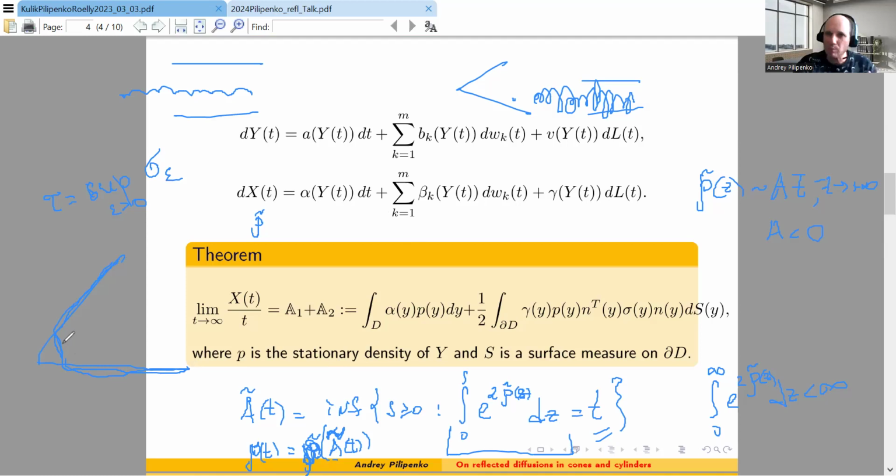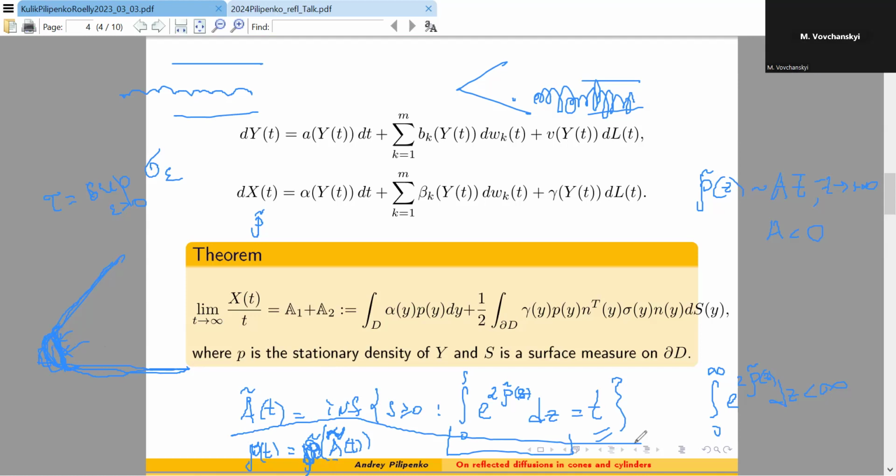You can consider smooth domains and then send the boundary closer and closer to zero, and the hitting time of this is finite and is bounded by the same constant, because the integrals are convergent.